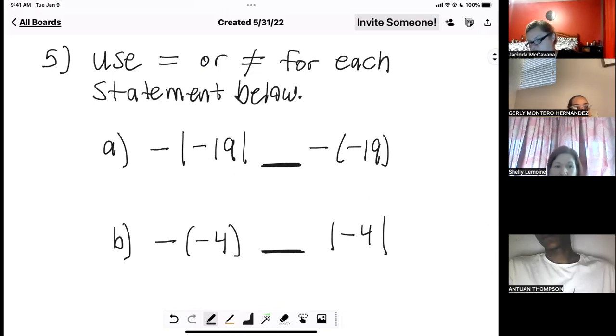Hey, give them a try. See how you do. They're either equal to each other or they're not equal to each other. If they're equal, use equal, and if they're not equal, use the not equal sign.